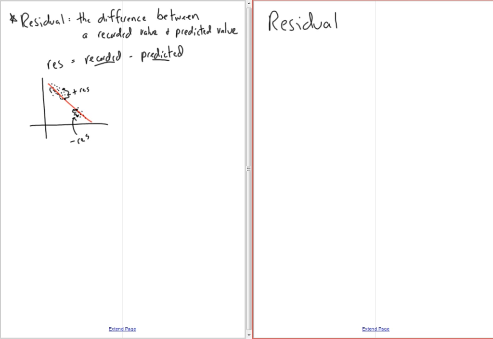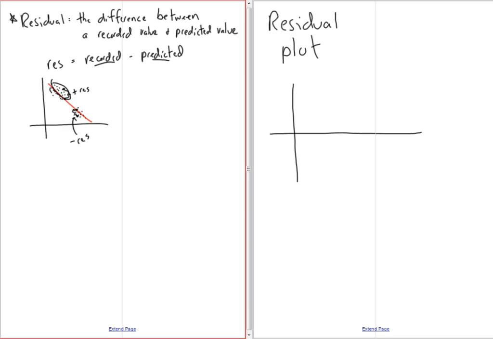And because of that, you can actually have a residual plot where you plot all of those residual values. In this scatter plot right here, all of those points up there would have positive residuals, and on a residual plot would correspond to a bunch of dots right here. And then, since we had a few points right here below the line of best fit, their residuals, when plotted, would be down here.